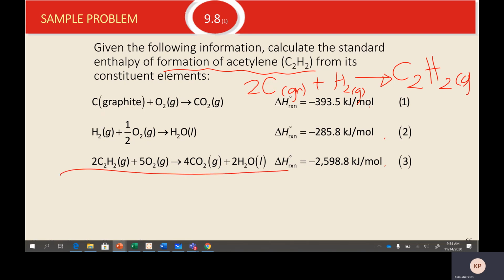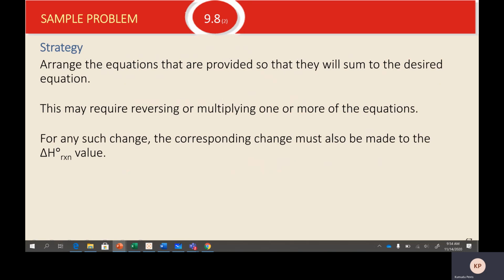Let's add these and see what we can do. We have to arrange these equations so that the sum of them will equal the desired equation, and we may need to reverse some equations or multiply one or more equations.